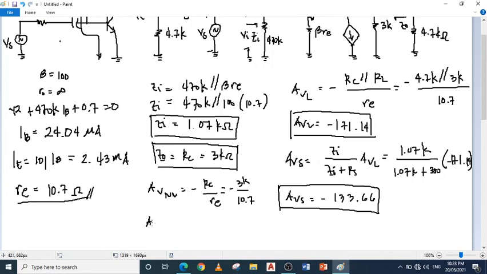So our AV no load is equal to negative 280.37. Now, let's compare with the things to remember earlier: AV no load is greater than AVL, which is greater than AVS. Don't mind the sign for now. The sign is not like in Cartesian where the value gets smaller as it grows. This sign is just the phase reversal, a phase inversion. What's important here are the magnitudes.